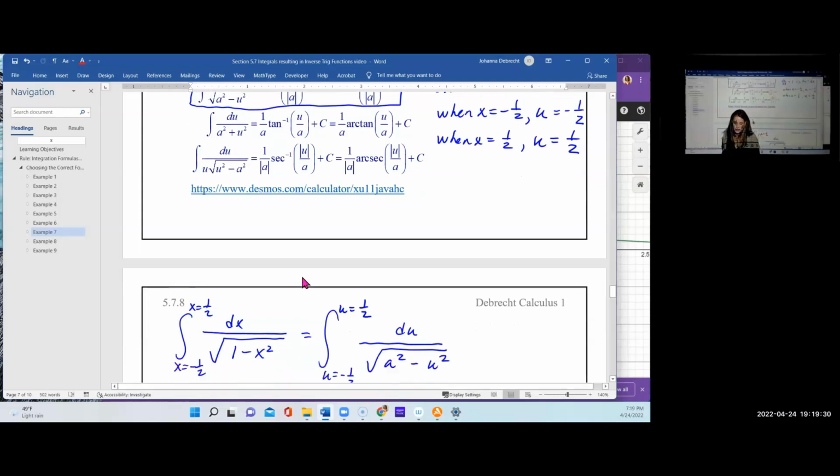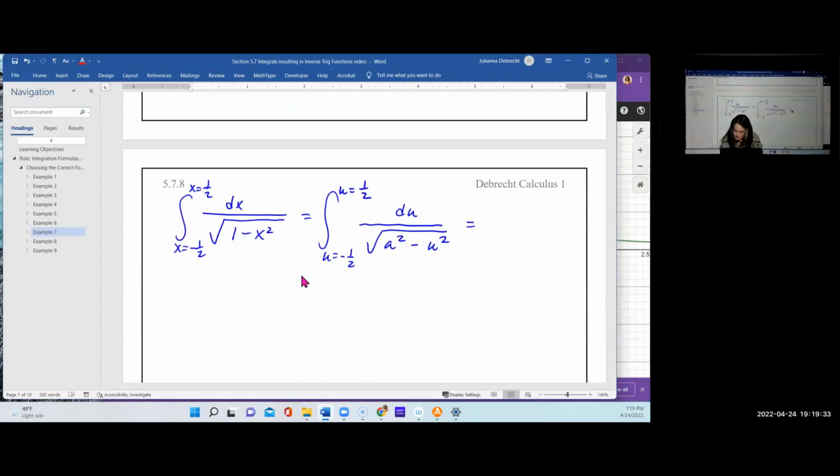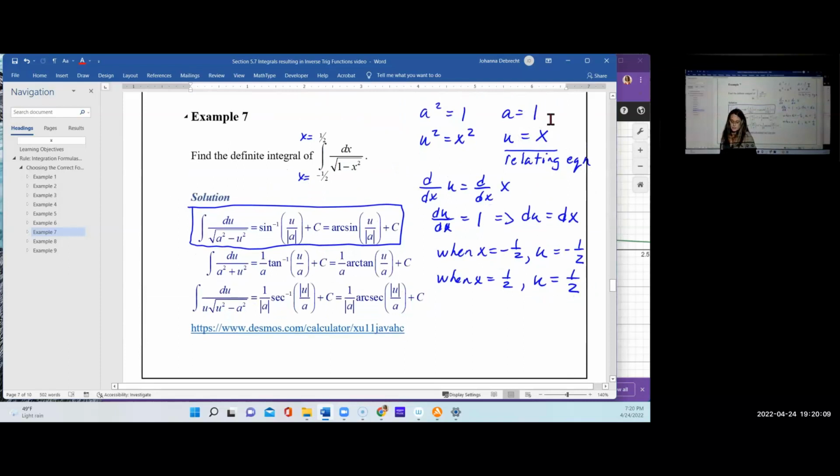So I have arcsine of u over the magnitude of a, evaluated between u equal negative 1/2 and u equal 1/2. Because I am evaluating this as a definite integral, I do not return to the original variable x. Instead, I keep the limits of integration as u values, and I keep the variable as u. But I can replace the magnitude of a with what a was equal to, which was 1.